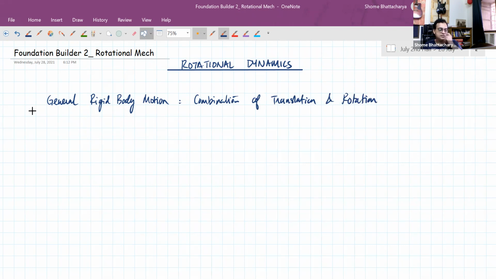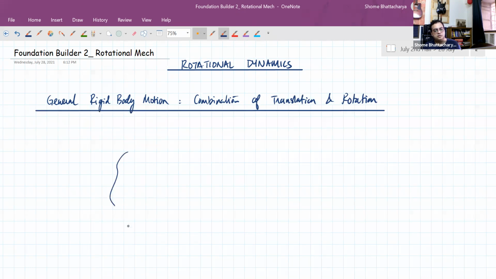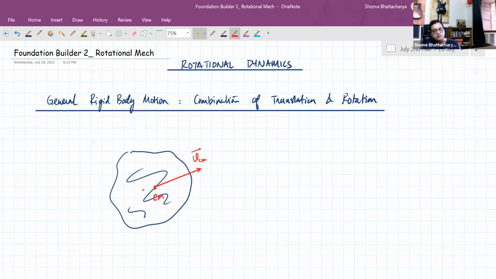But the rotation always occurs about the center of mass axis. So if a rigid body is moving such that the center of mass has a linear velocity Vcm, the body has angular velocity omega about its center of mass.